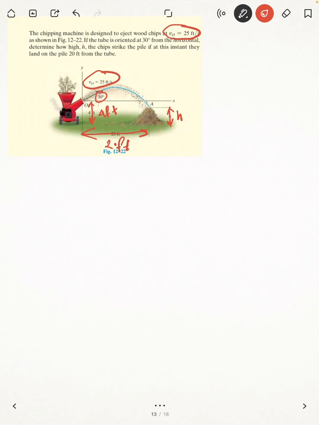Okay, so which equation do you have to use? First of all, we are given the horizontal distance. We are given the initial velocity, so we know the horizontal velocity as well, and that should be just v naught cos theta naught. And we need to find the t. So we have to use x is equal to x naught plus v naught x t, this equation.